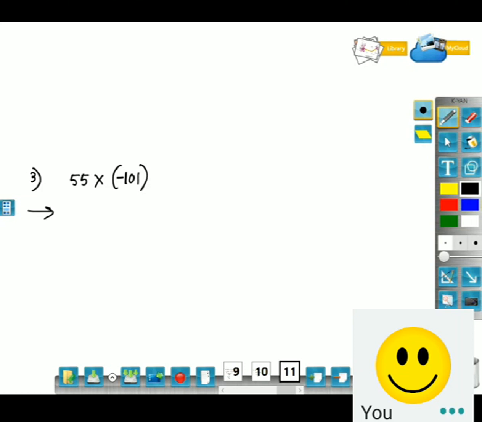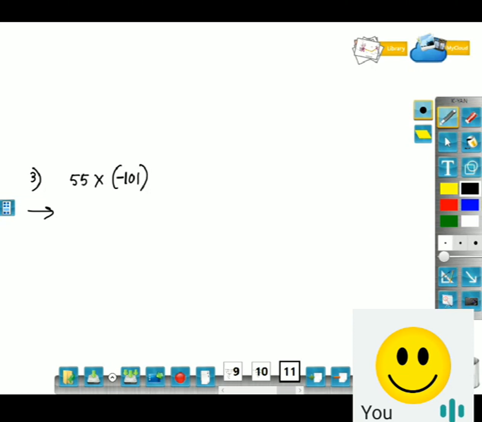55 into minus 101. Please check your answers. Now, if you are using the distributive property, we have to split this minus 101.